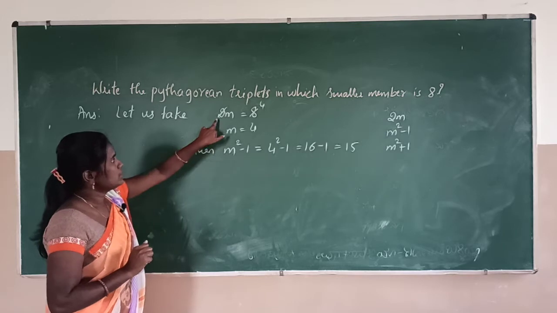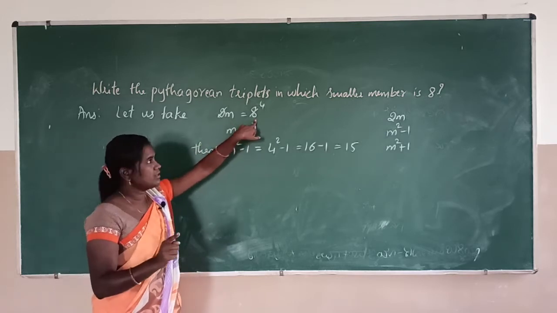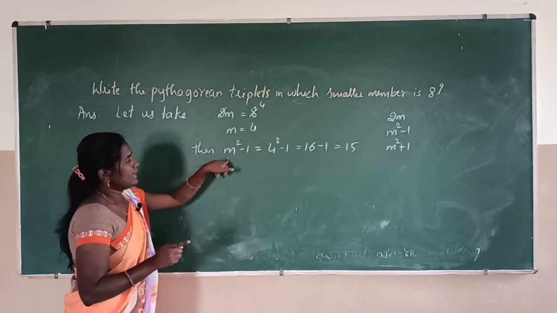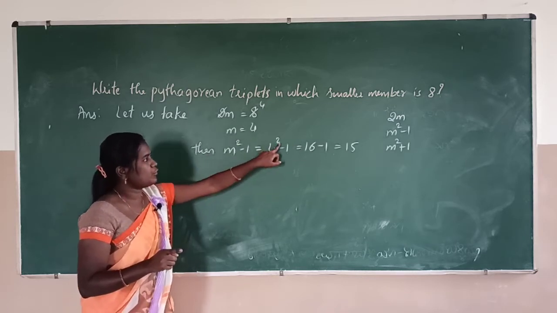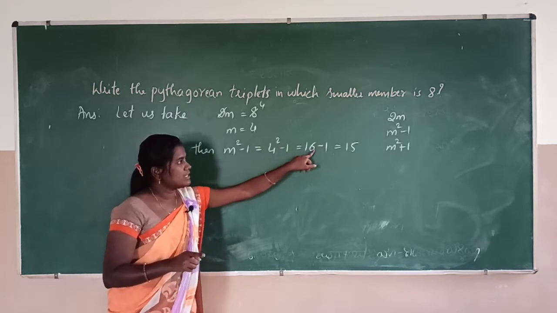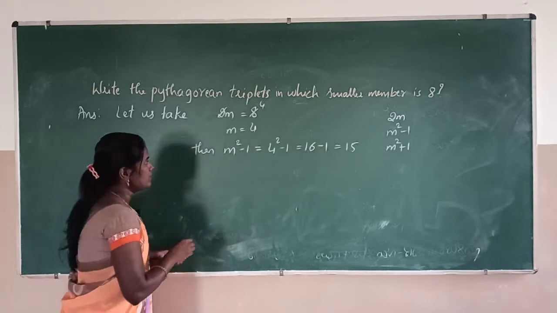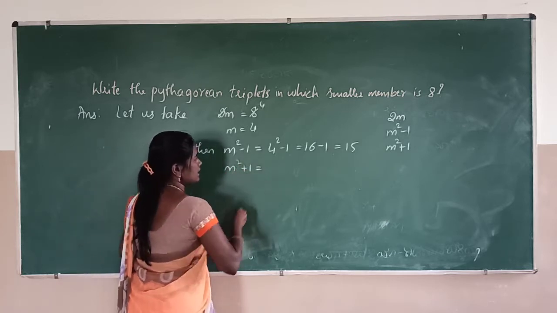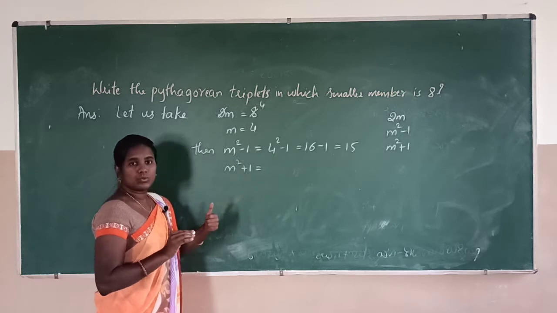I'll say it again. 2m is equals to 8, so m is equals to 4. Then m square minus 1 is equals to 4 square minus 1. 4 square is 16 minus 1, that is 15. Then what is left? m square plus 1.